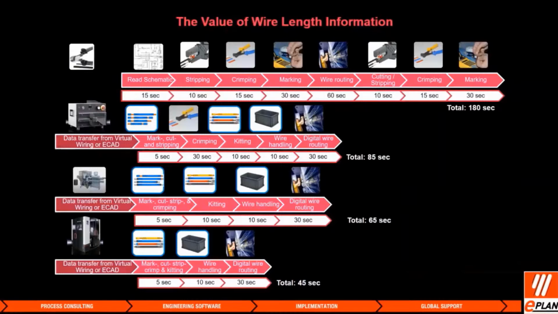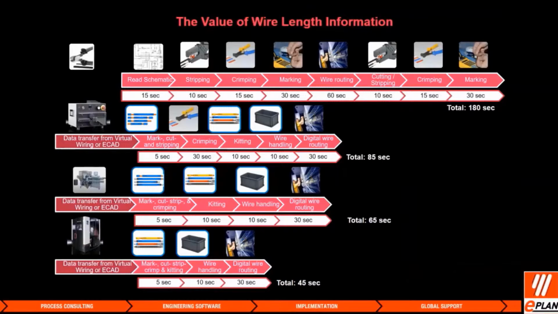When we were talking at the beginning about the manual process, these are all the steps that we talked about: reading off of a schematic, stripping, crimping, marking, wire routing, and then doing all of those processes on the other end of the wire. We've done a lot of time studies, and I've certainly done some myself. If a wireman is able to land a wire every 3 minutes, that person is really moving quickly.